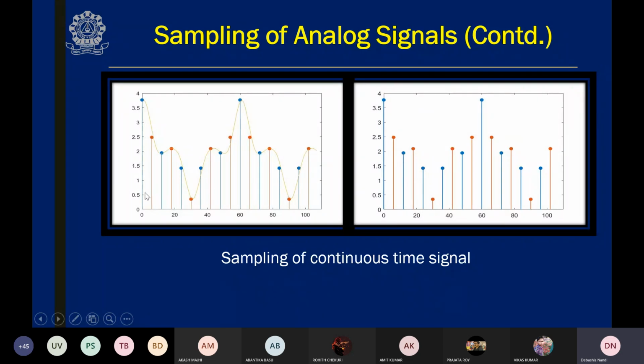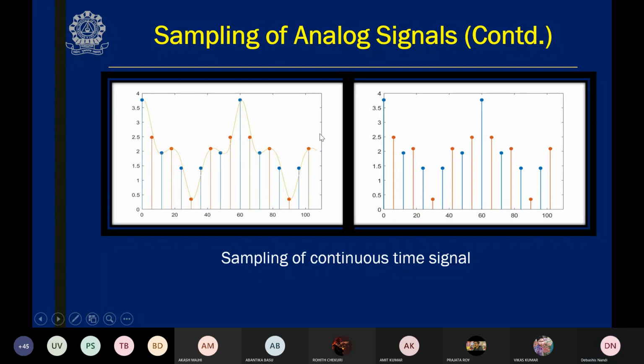So the distance between two successive samples become half of the previous case. Okay, in this case, you see, we are getting one sample at this point and this point. Therefore, if you take the smooth reconstruction like this using interpolation technique, you are getting the interpretation of sudden change.